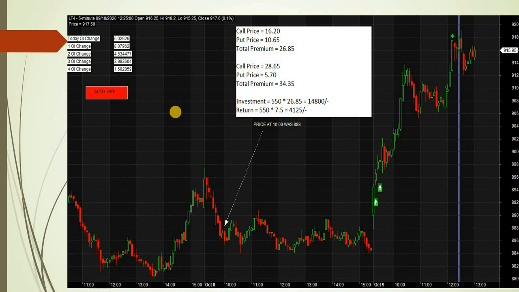On 2 OI change, we get a number of 4.53. On 3 OI change, we get 3.98. But at 1 OI change, which is 8th October, we get a total change of about 8 plus 4 plus 4, more than 16% change.